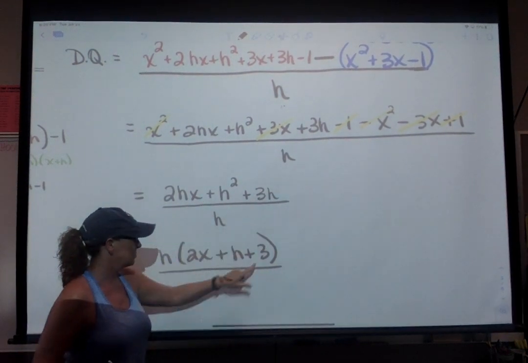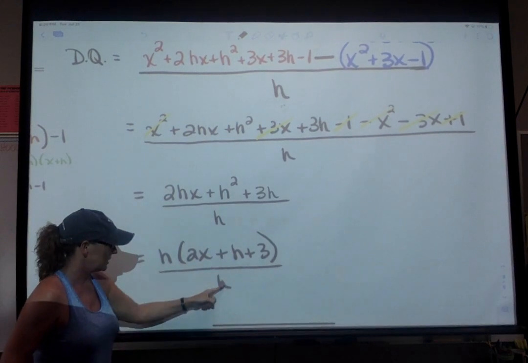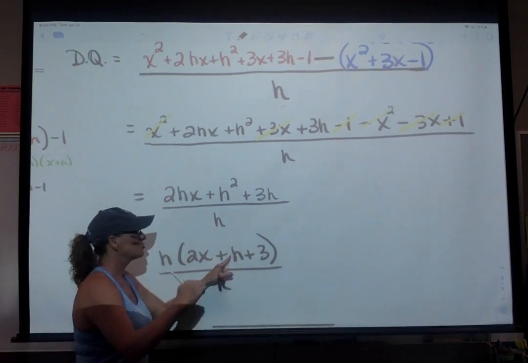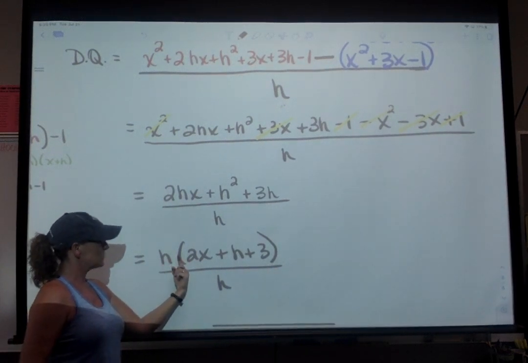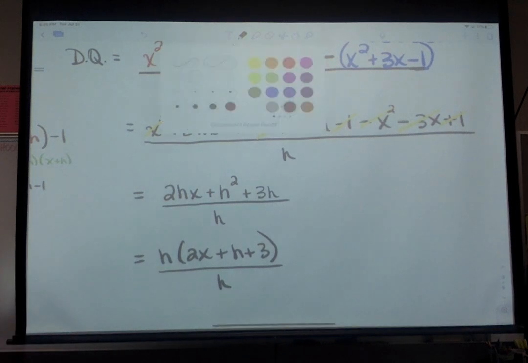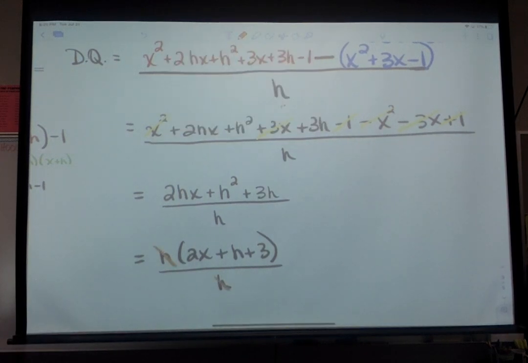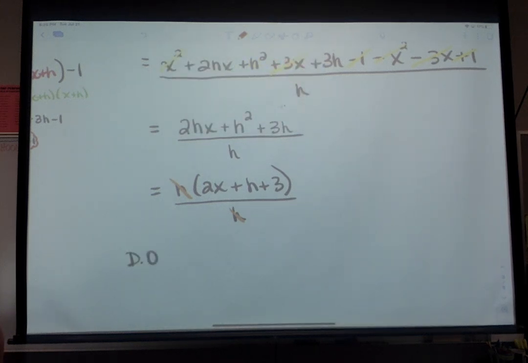And from here, that's what's left. These cancel. Not these. This is going to kill a kitten because this is part of a trinomial. This is attached to my parentheses with multiplication. This is legal to cancel. And my final answer to my difference quotient is 2x plus h plus 3.